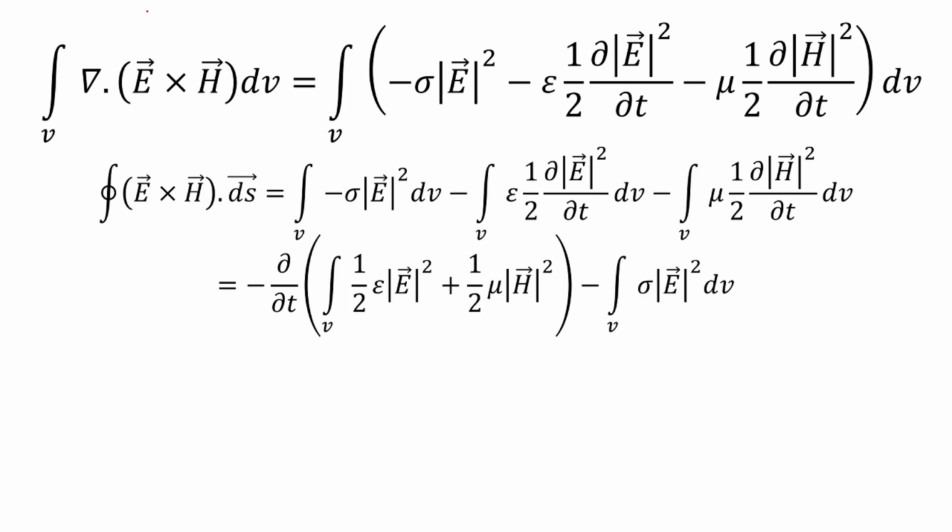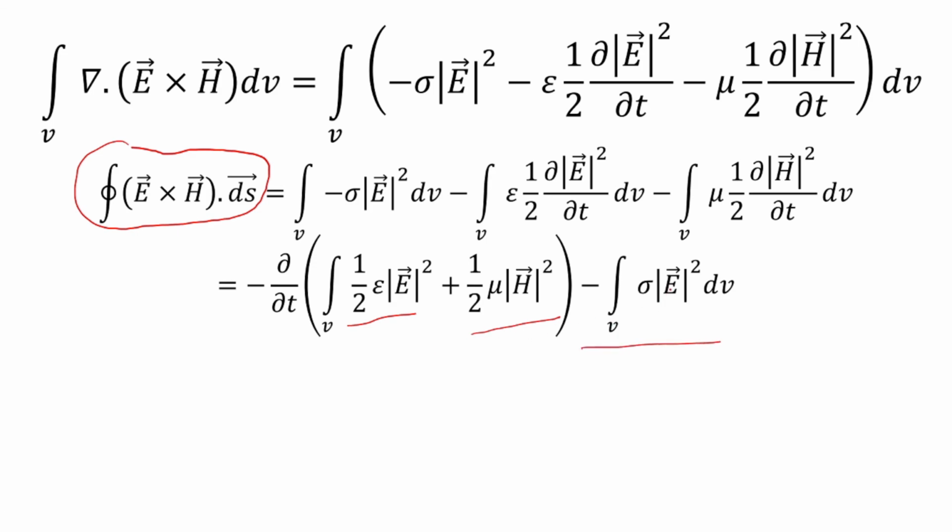The meaning of this expression is that the amount of energy which is leaving any closed surface because of an EM wave propagation is equal to the decrease of the energy stored in the electric field and the energy stored in the magnetic field, minus the ohmic losses.